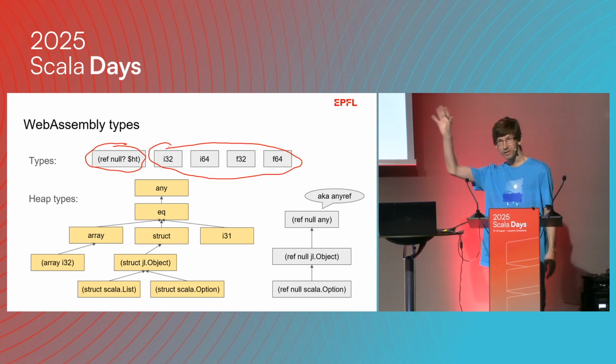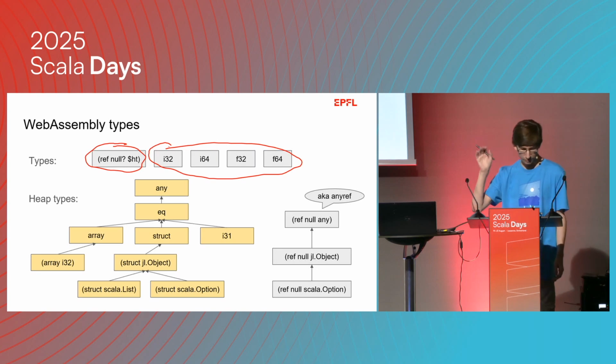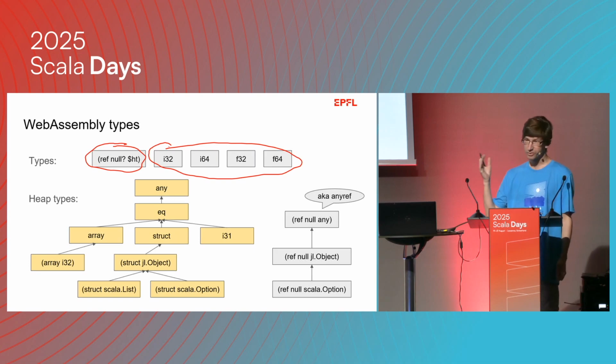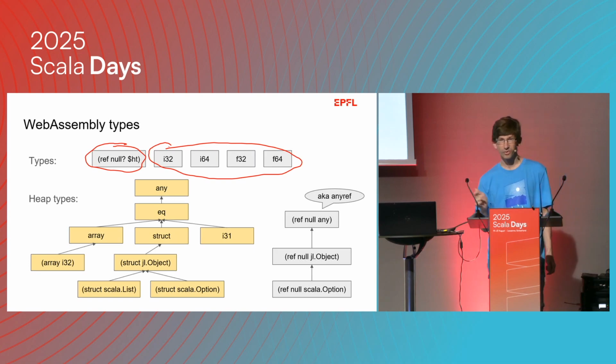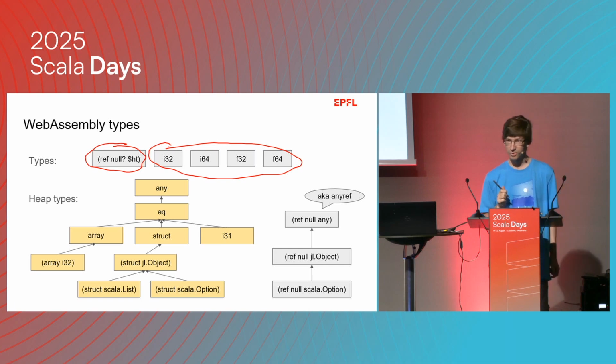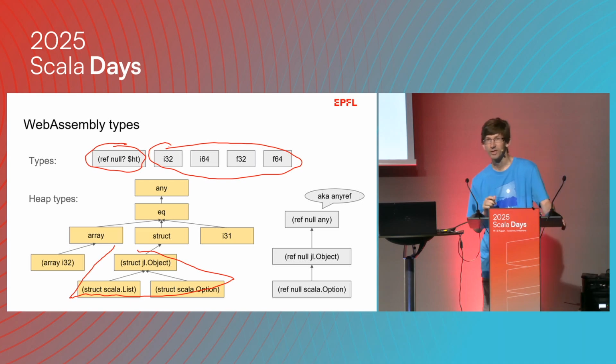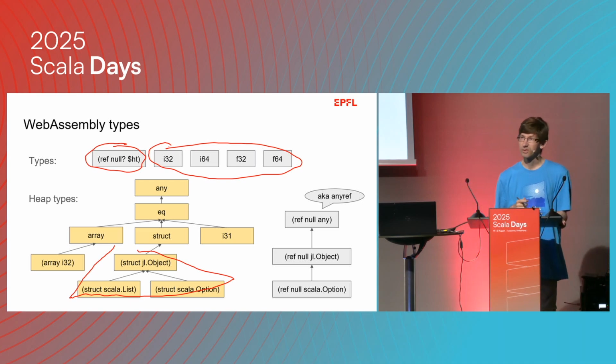At the top, you have any, which is any reference. Then we have EQ, the references that you can compare for identity. You have arrays, you have structs, and you have the special I31 kind of thing, which is a 31-bit integer that you can put in a reference without boxing. And then inside structs, you're allowed to define your own. And that's the nice part, right? You're allowed to define your own structs that follow a subtyping hierarchy.